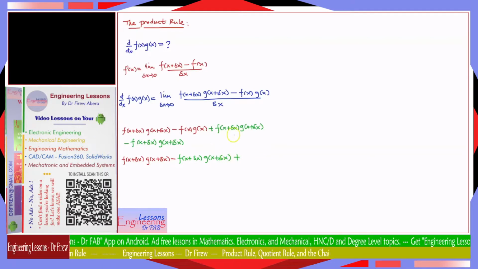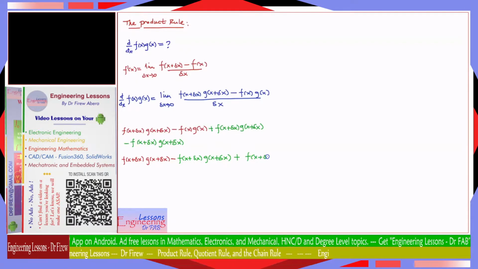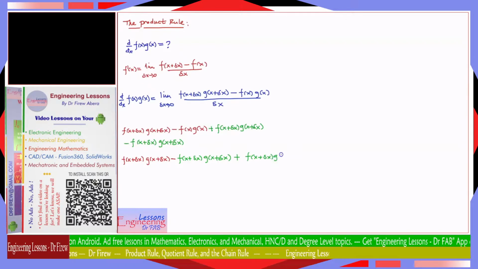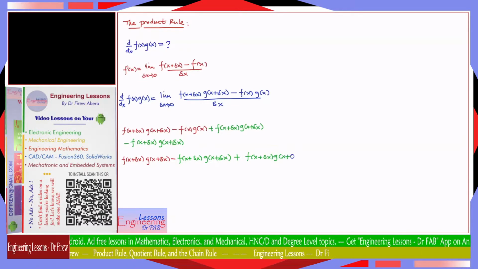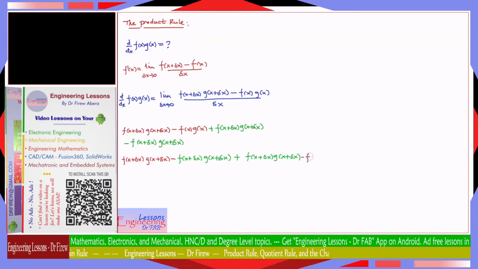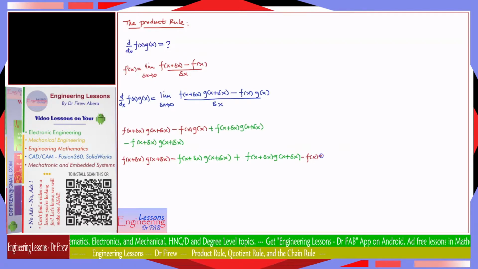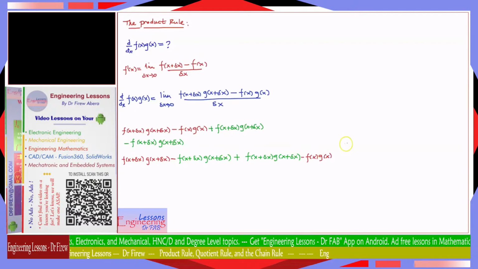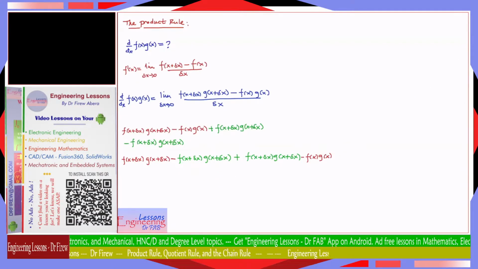So plus, let's bring this expression, f of x plus sigma x, g of x plus sigma x. Again minus, let's bring this one again, so minus f of x times g of x.